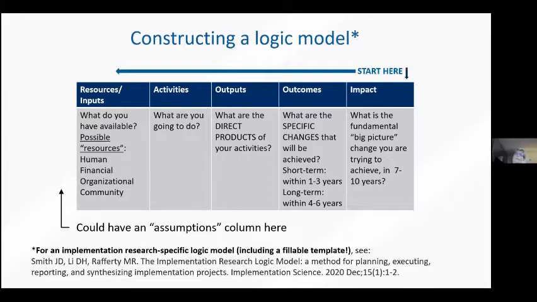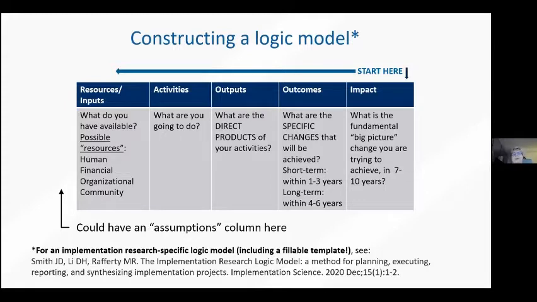And then you work your way backwards to, okay, how am I going to get there? What are my short-term outcomes? What are my longer-term outcomes? What are the changes that I want to be able to achieve in order to get to that very big picture impact? What am I actually going to generate that will bring me to the outcomes? Those are the outputs. What am I going to do to get to the products? Those are my activities. And what am I starting with?